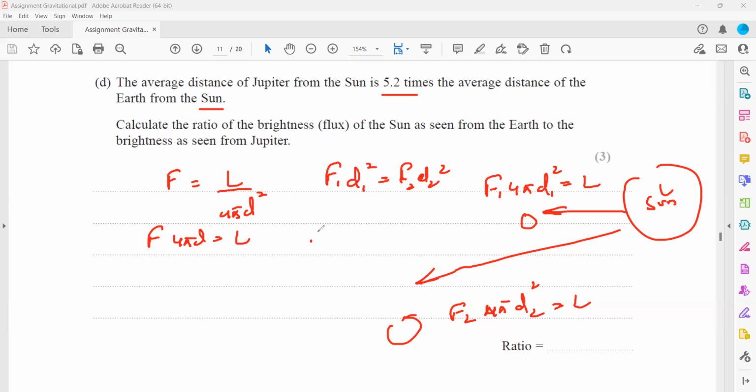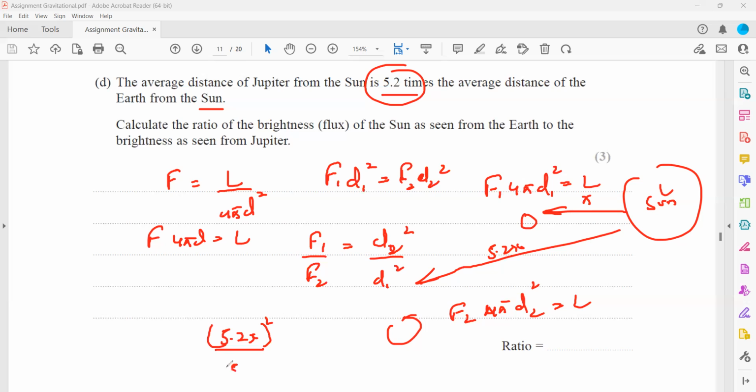If you want a ratio, the flux on Earth divided by the flux on Jupiter is equal to d2 squared divided by d1 squared. If this distance is x, the other will be 5.2x. So d2 is 5.2x squared and d1 is x only. The x cancels with x, so it will be 5.2 squared.